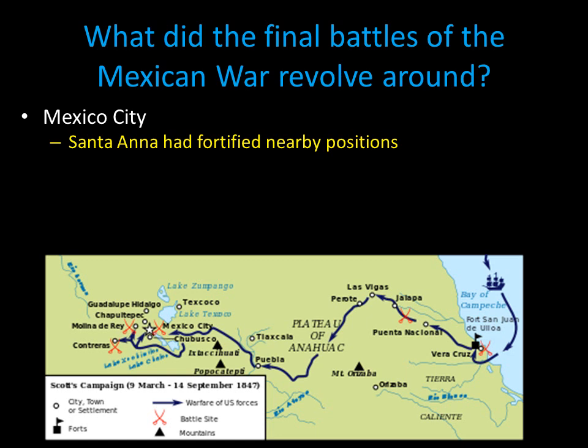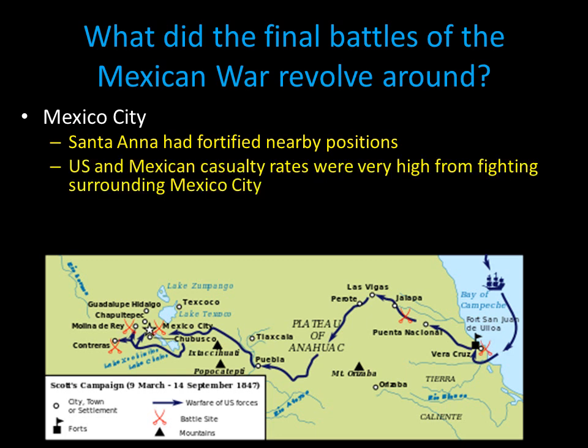Winfield Scott had to respond by making a three-prong attack upon Mexico City, and the casualty rates for the fighting around Mexico City were extremely high. Mexican losses were in the thousands, and American losses were in the hundreds. But the casualty rate for both sides was very high around Mexico City.